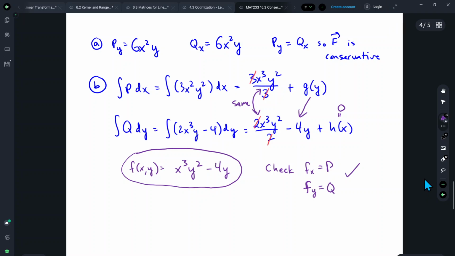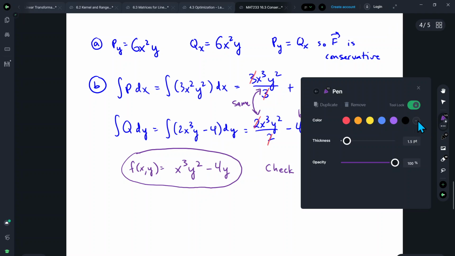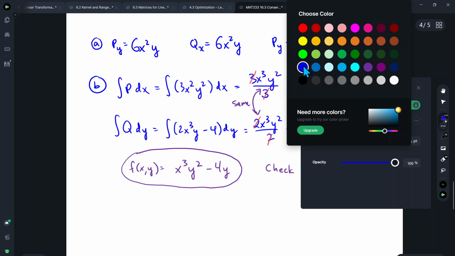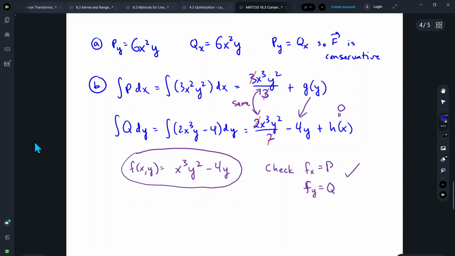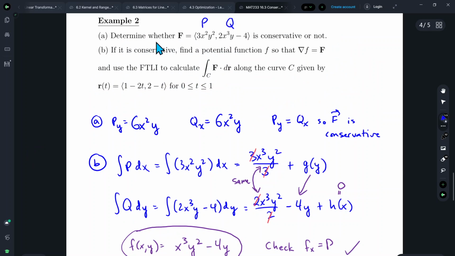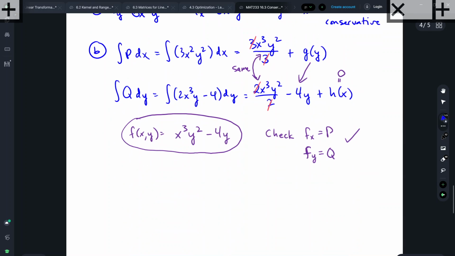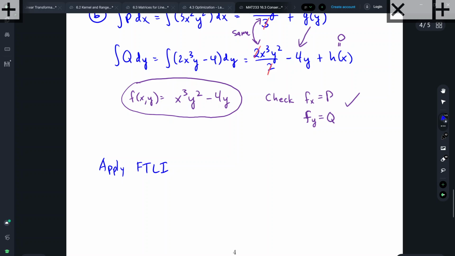Now we're ready to apply the fundamental theorem of line integrals. Again, it only works for conservative vector fields, and we've already verified that it's conservative, so we're allowed to apply it. So what does it say?